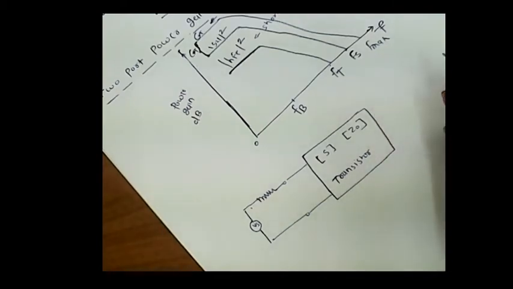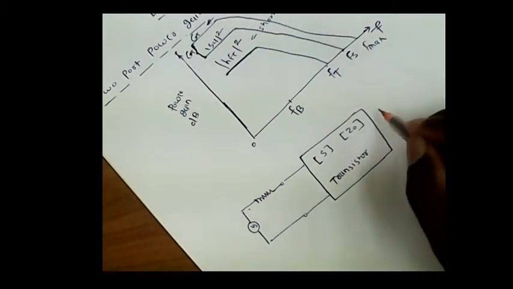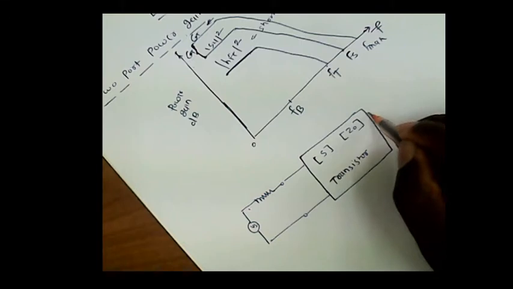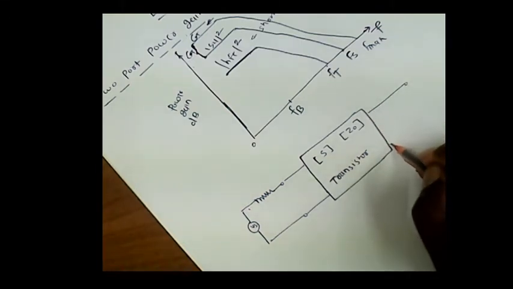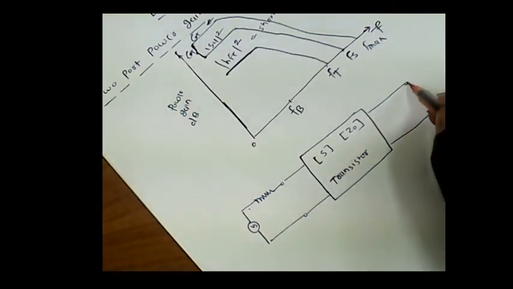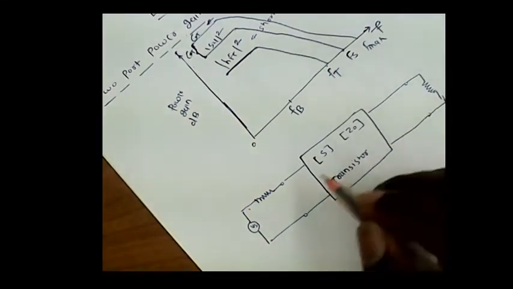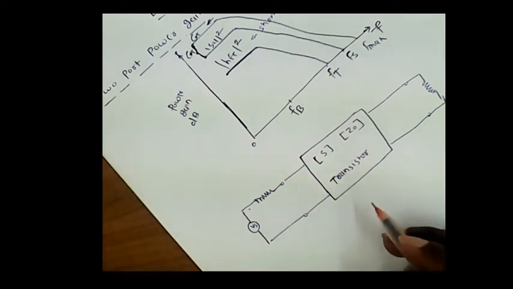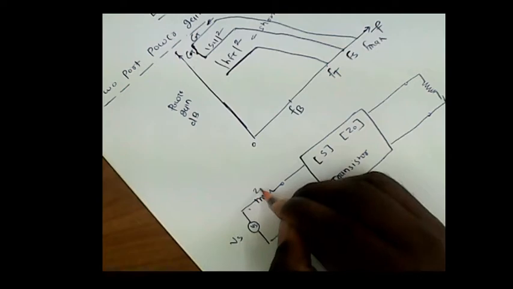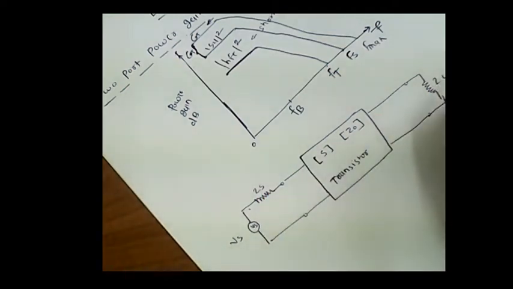Similarly, at the load side there is some load. So this is a source voltage, this is a source impedance, this is a load resistance.